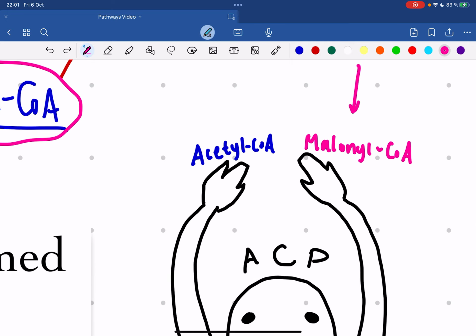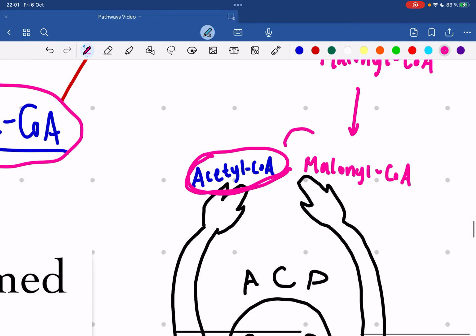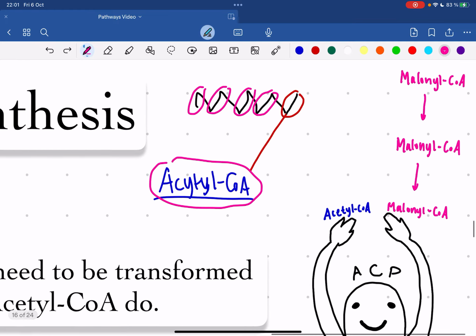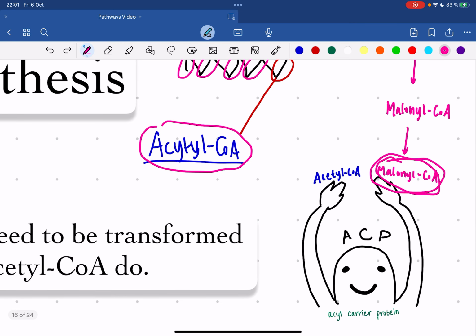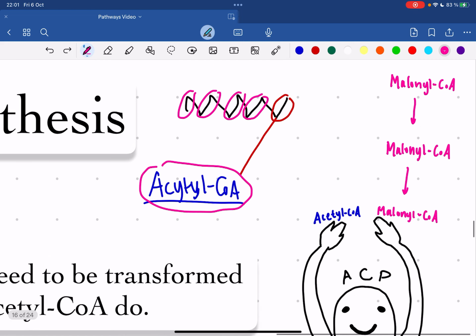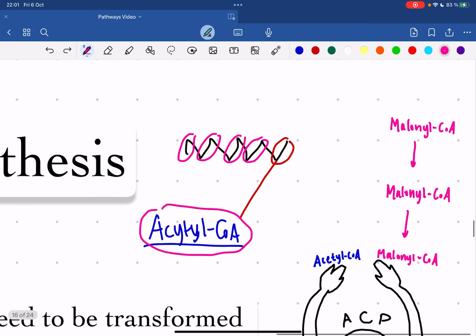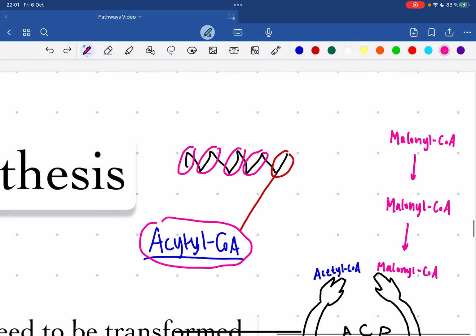It can't accept just normal acetyl-CoA. It needs for acetyl-CoA to be transformed into this molecule right here called a malonyl-CoA. So this is still technically an acetyl-CoA. It's only transformed, almost a charged acetyl-CoA, you could say, in order for a continuation in this buildup of fatty acid molecules.